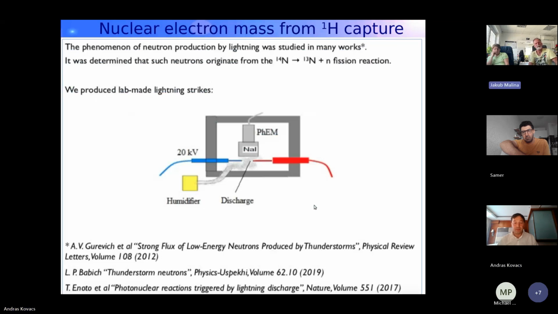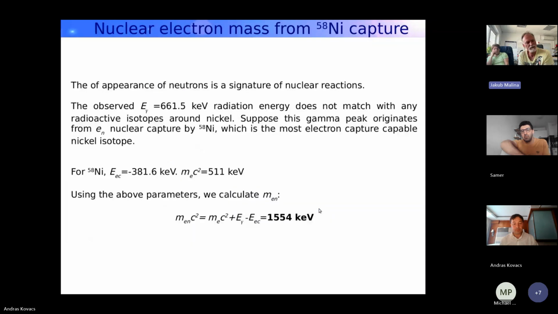Andras, I really need to interrupt you. Short question: there is a well-known problem with the neutron mass, the negative mass deficit. You know what I'm speaking about, right? If you take the mass of the proton and the mass of the electron and sum them up, the mass of the neutron is bigger than that, right?